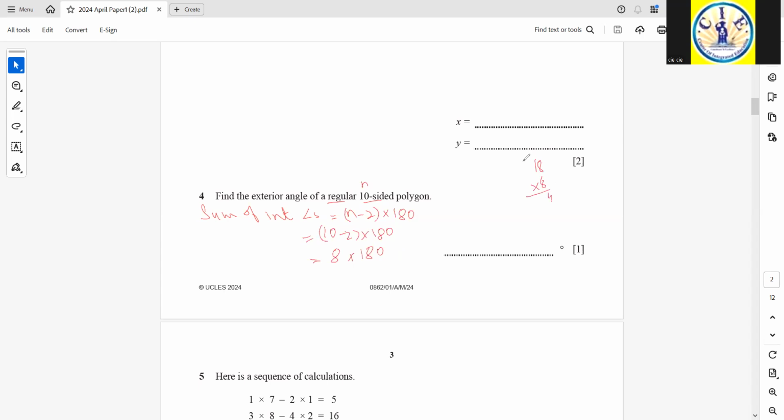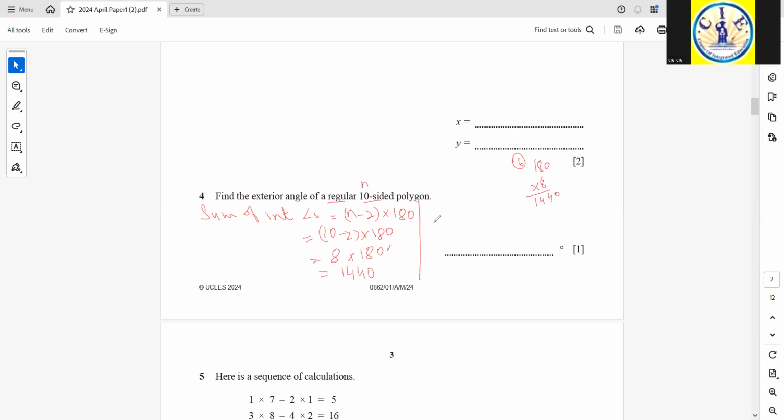8 8s are 64, 8 ones are 8, and 6 plus 8 is 14. And then I'm going to put this 0 here and here. So that's why this answer is 1440. Sum of the interior angles of this 10-sided polygon is 1440.